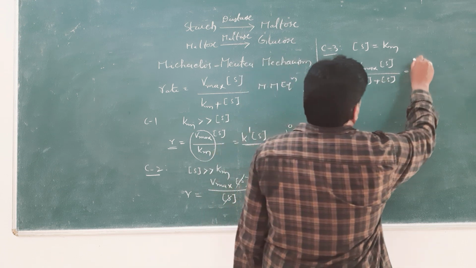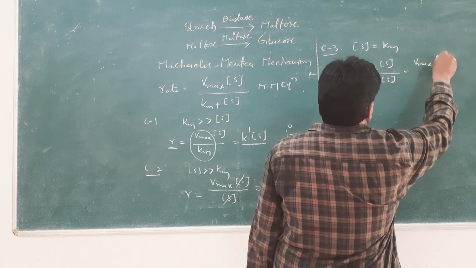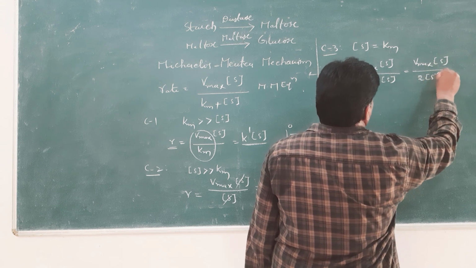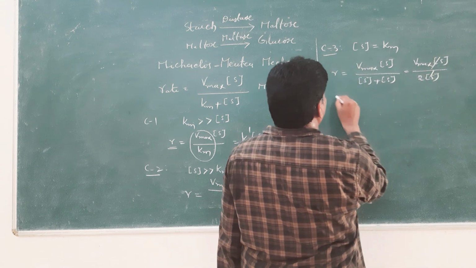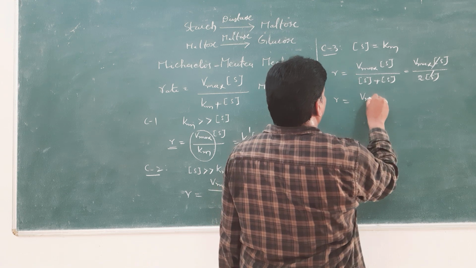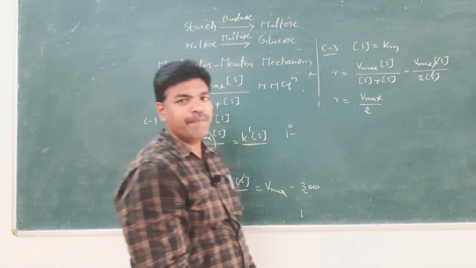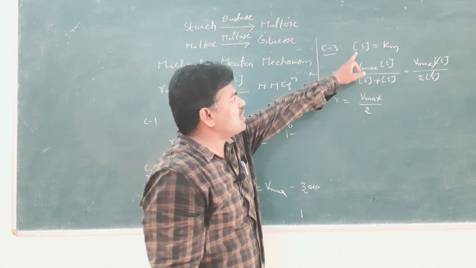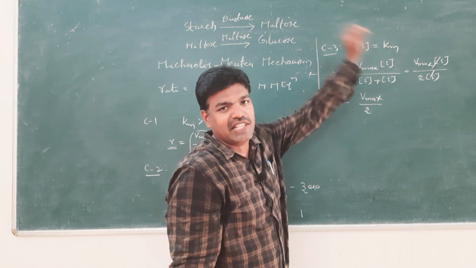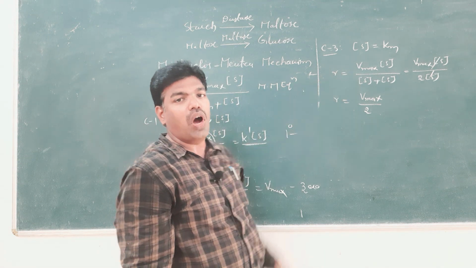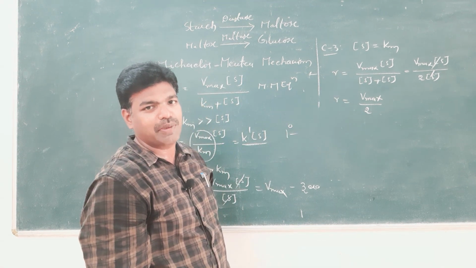Therefore, Vmax into S by 2 into S. The S gets cancelled, and rate is equal to Vmax by 2. When substrate concentration is equal to the Michaelis-Menten constant, rate is equal to half of velocity maximum.